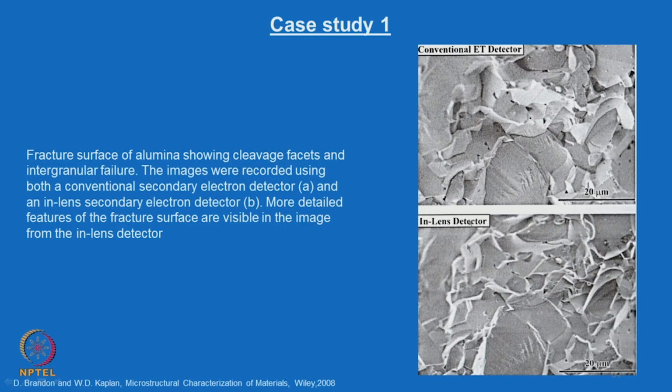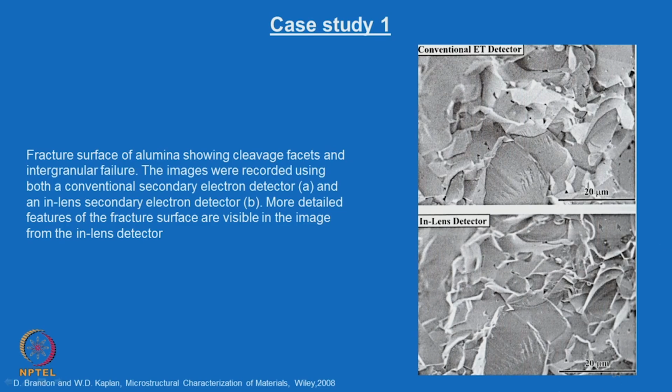And then I also demonstrated this micrograph, which is a fracture surface, revealing the intergranular fractures. Of course, I also mentioned that the difference between these two has nothing to do with the sample, but with the detector system, which has an in-lens detector in this case.